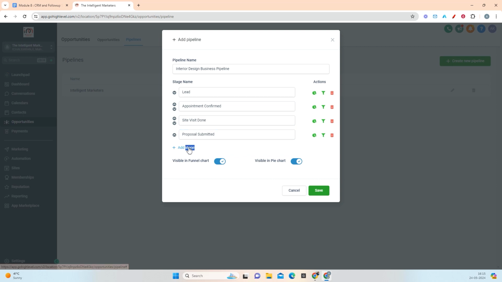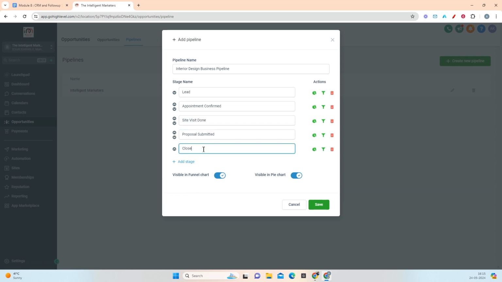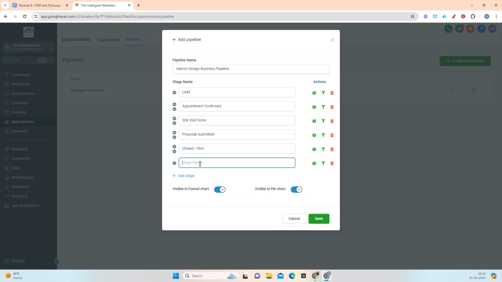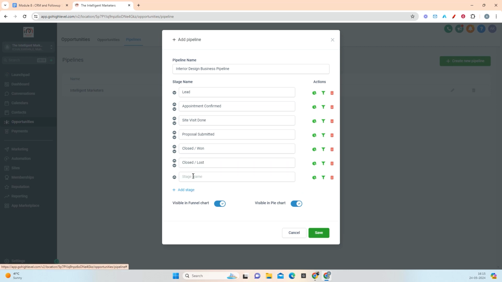Then we'll keep the stages as closed won, closed lost, or something like connect later. So this is how we have created the pipeline. I'll just click on save.